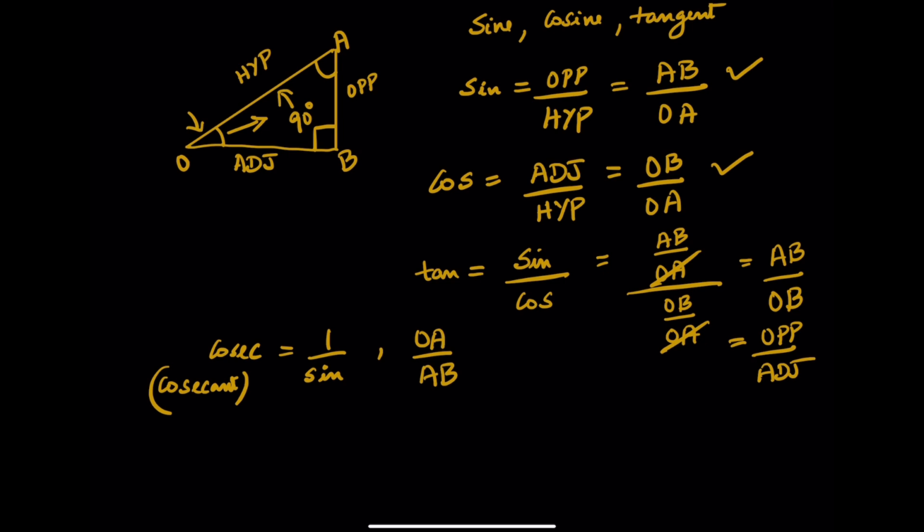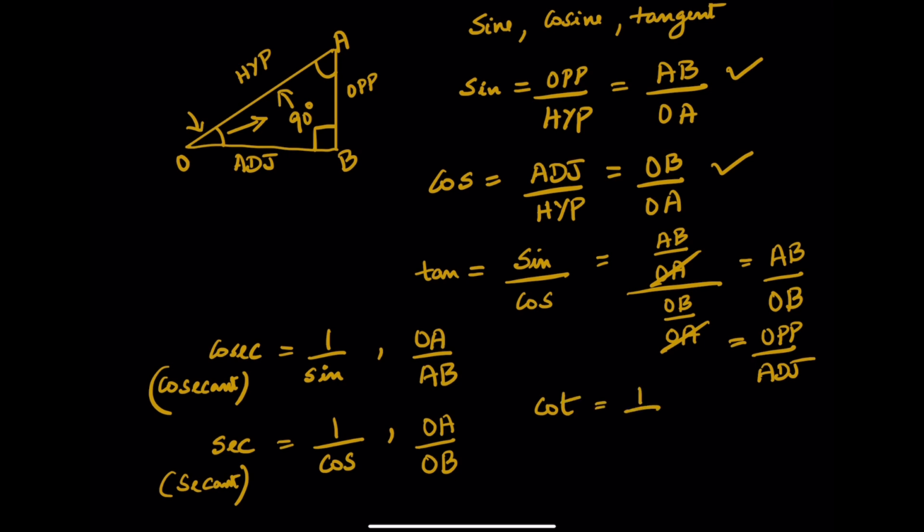Now the inverse of cosine is secant. So secant is equal to 1 by cos, which is nothing but hypotenuse by adjacent. So that is OA by OB. Now this is secant. Now the inverse of tan is cotangent or cot.